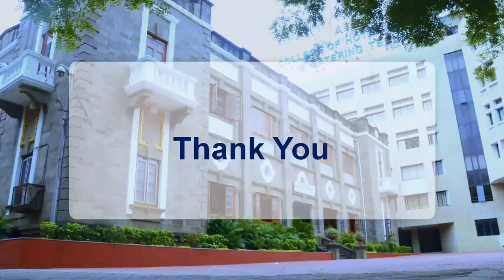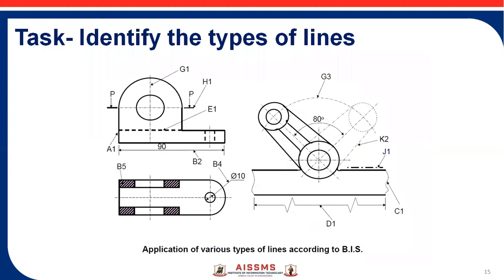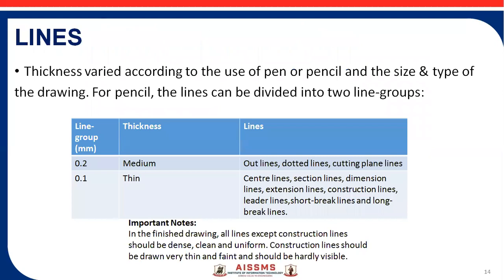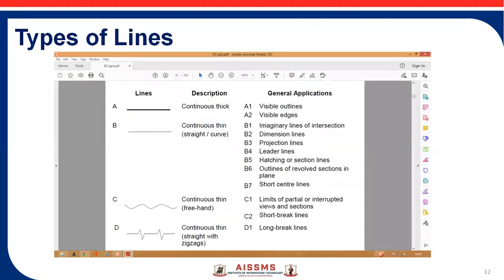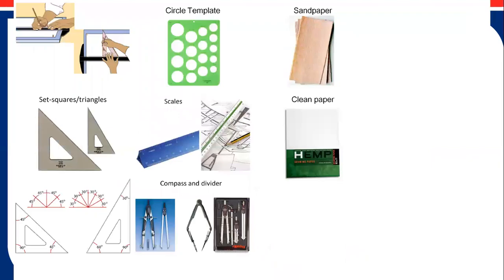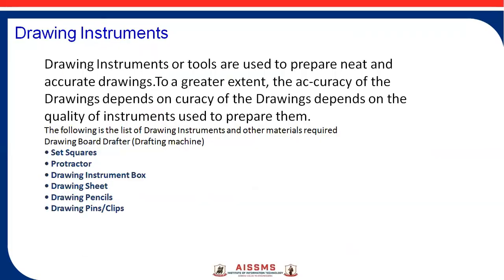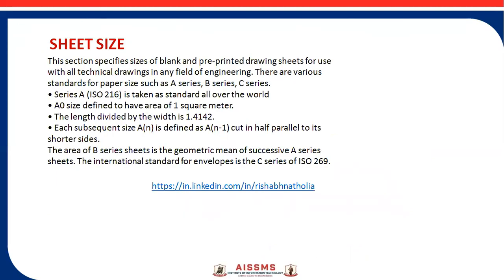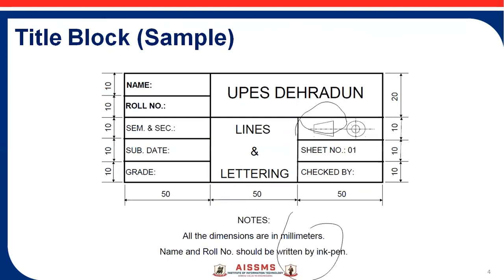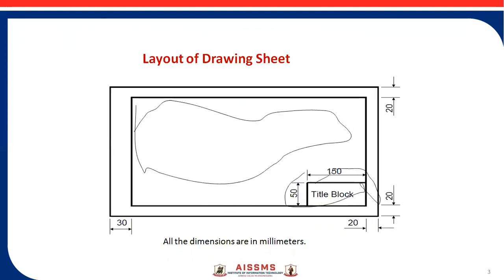Thank you. So this is from my side in session 2. We have covered in this session the different types of lines, then the drawing instruments, then what kind of sheet sizes, sheet layout, title block, and what kind of arrangement we can make in the drawing sheet.